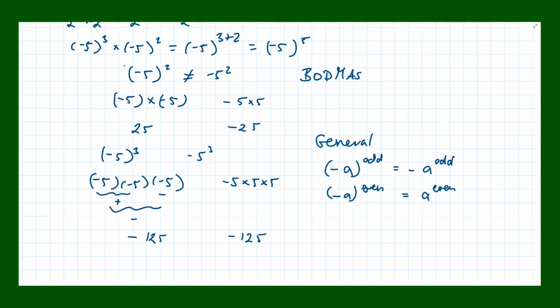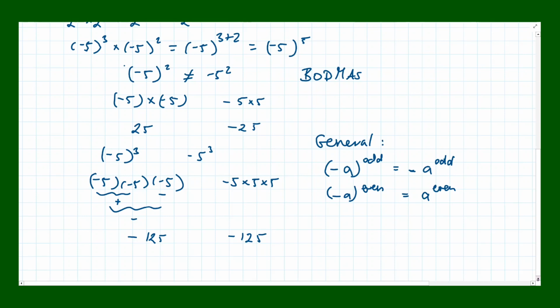Because remember, every time you multiply two negative numbers together, you end up with a positive number. But with odd numbers, you're going to have that one extra negative, which is going to keep the negative result here. Okay? Now that was a kind of side note, but I think it's quite important to remember the difference between positive and negative bases.